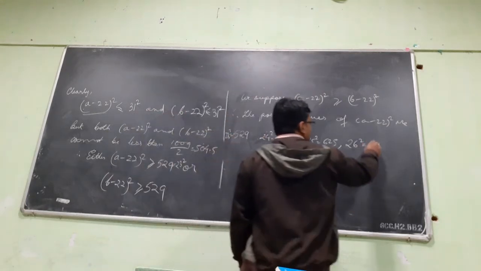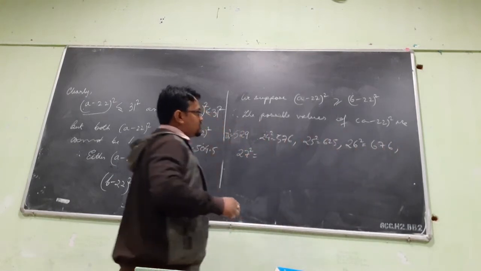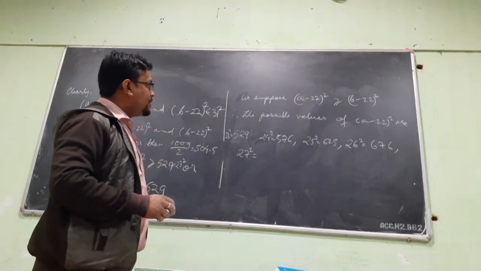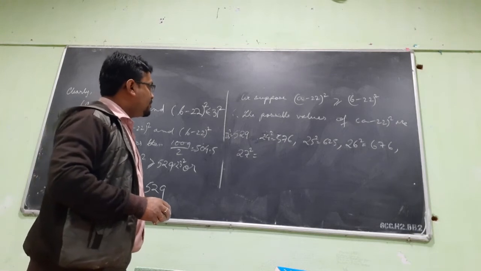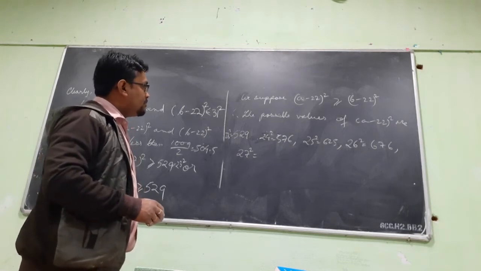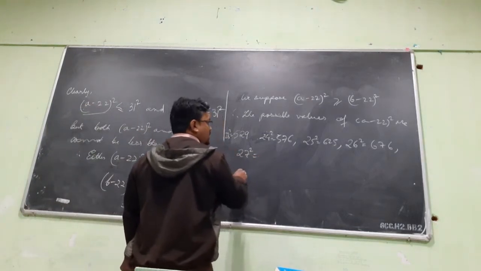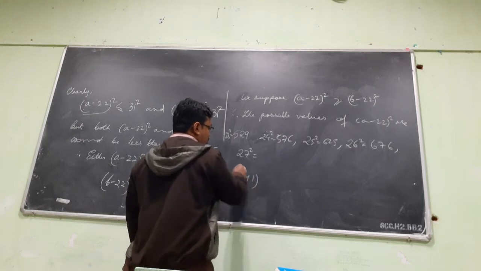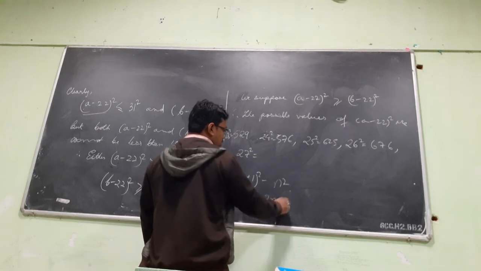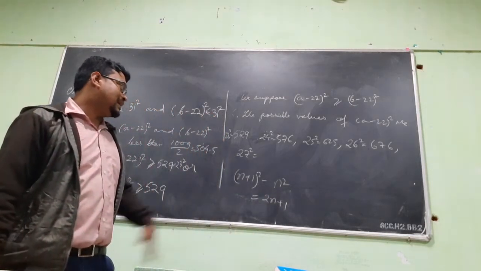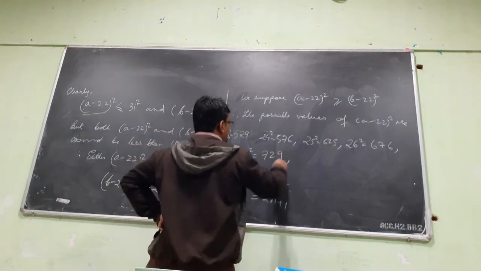And then 27 square is 729. We just add consecutive odd numbers, since (n plus 1) square minus n square equals twice n plus 1.